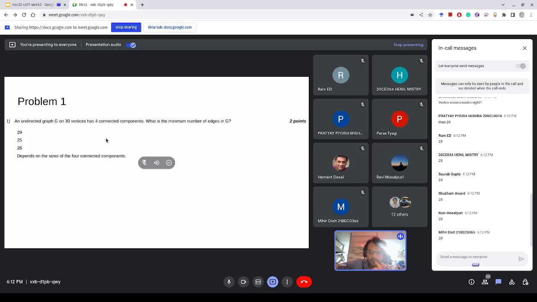Now, think about this part: this graph is not completely connected, but it has 4 connected components. To get 4 connected components from these 29 edges, how many edges can you remove such that you still have at least 4 connected components?